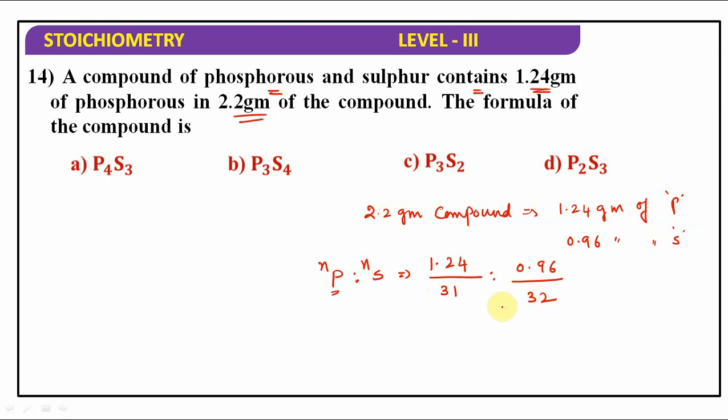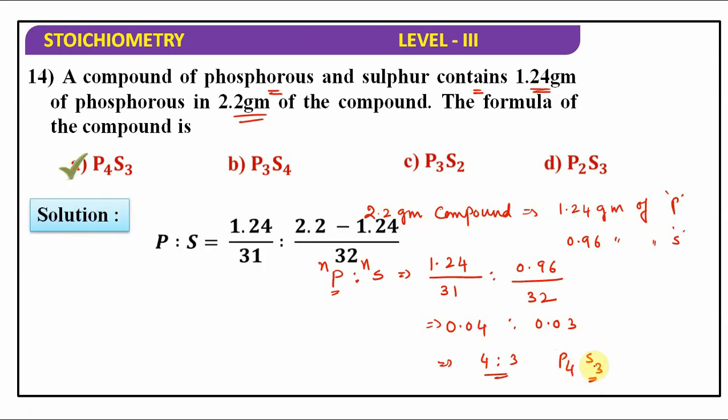Right? So 1.24 divided by 31 gives you 0.04. The other gives you 0.03. So it is 4:3. So phosphorus is 4, sulfur is 3. Understood? So the formula will be P4S3. Clear?